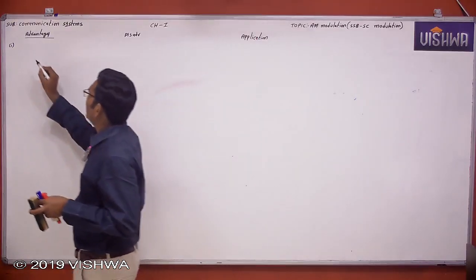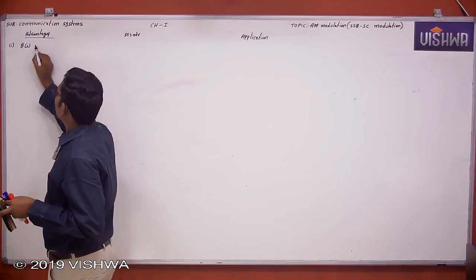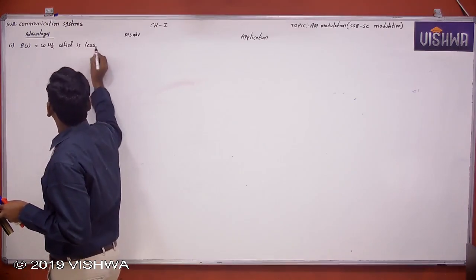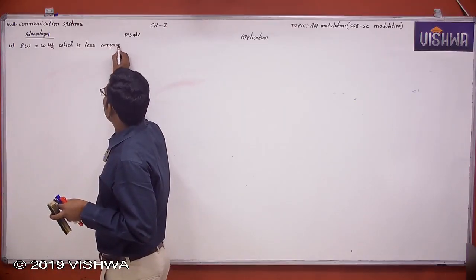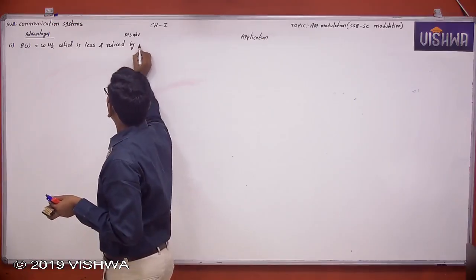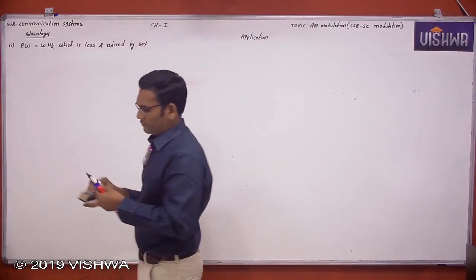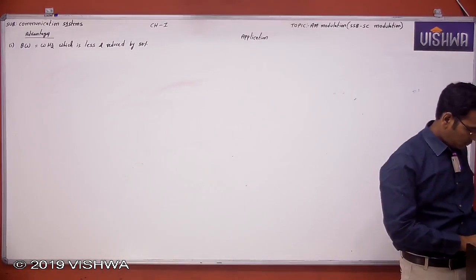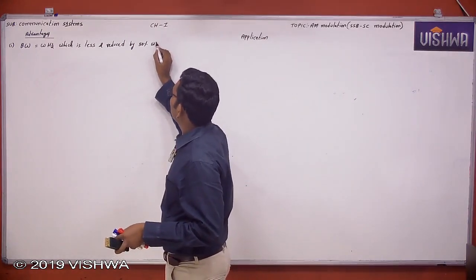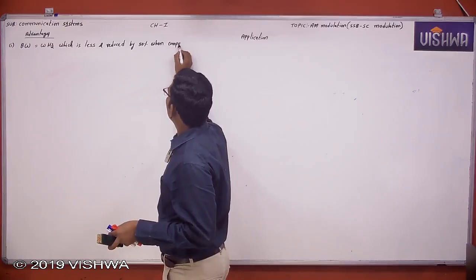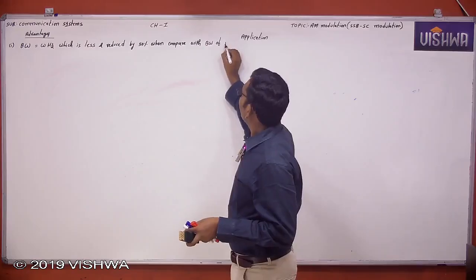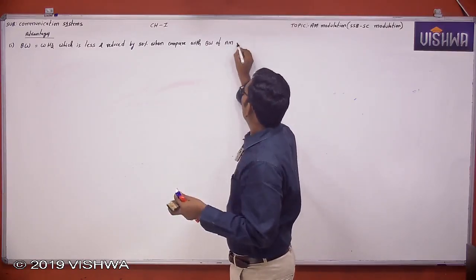the bandwidth of SSB-SC is equal to omega hertz, which is less, reduced by 50% when compared with the bandwidth of AM or DSB-SC.